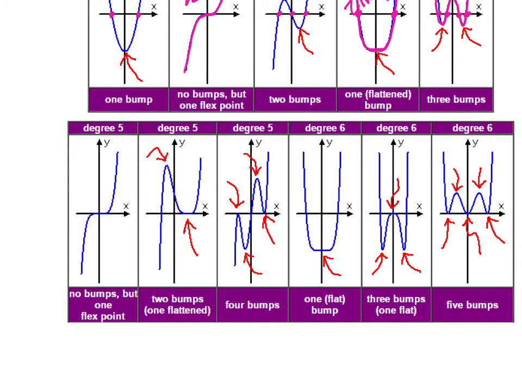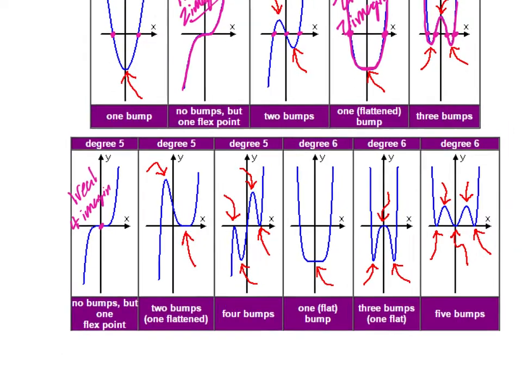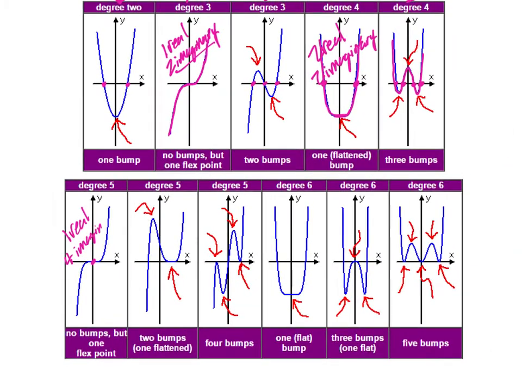Okay, degree 5, again, in this case has one x-intercept. So this has one real intercept and 4 imaginary, because it flattens out. I want to look at the difference between the 5 and the 3. Degree 3 kind of has a little flatness here.